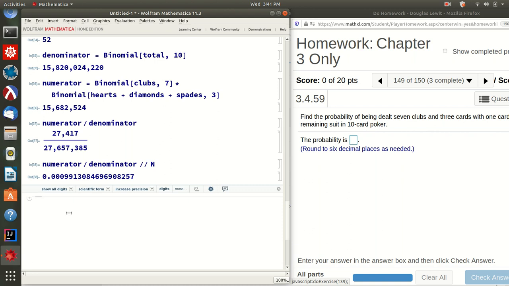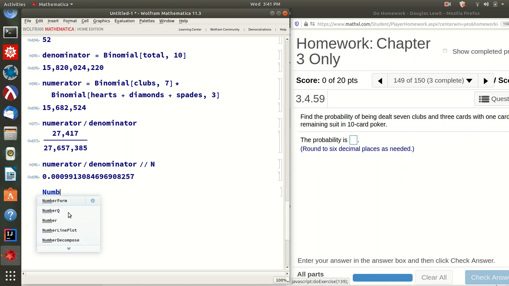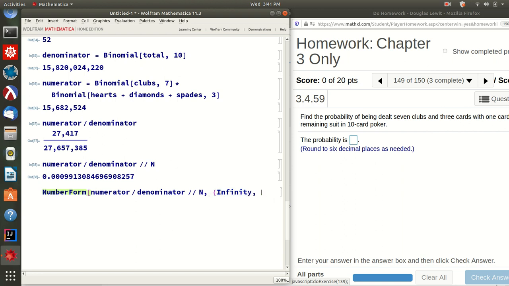I could format this with NumberForm. Infinity simply means give me all the digits to the left of the decimal point, and 6 means my value is rounded to 6 decimal places.